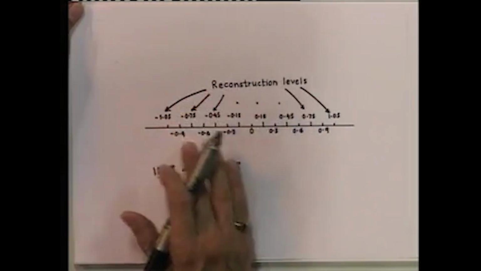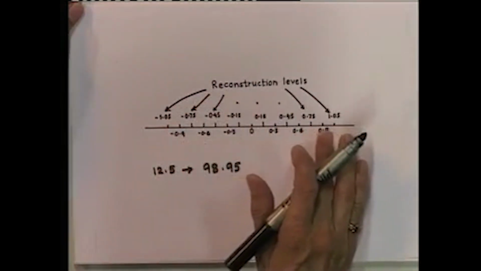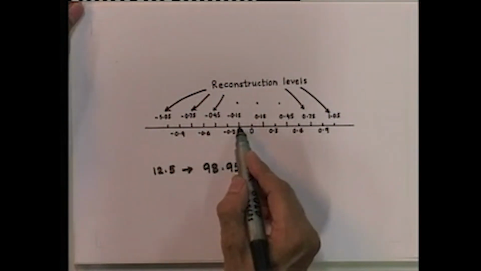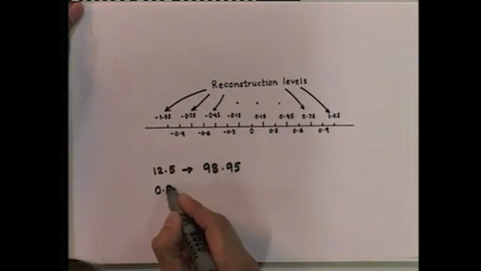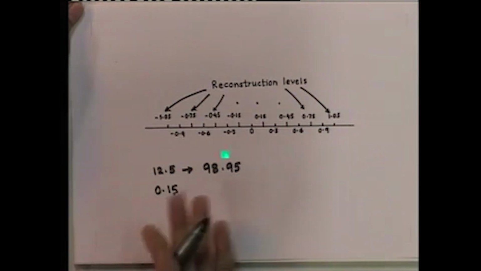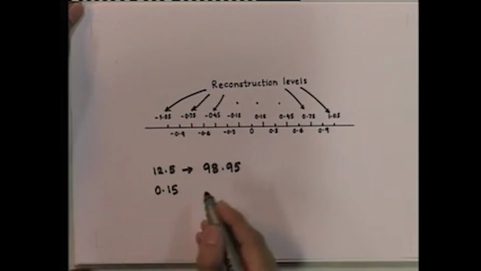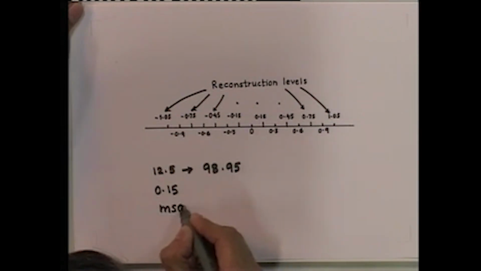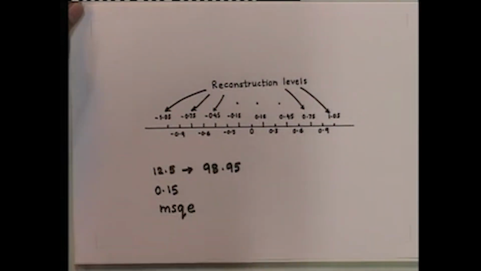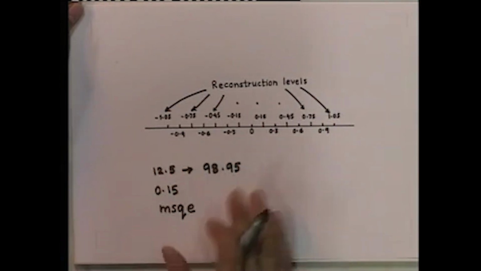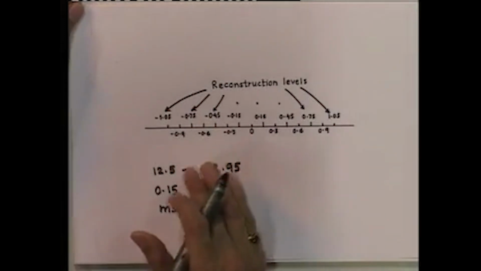However, 95% of the time the quantization error will be less than 0.15. Therefore, the average distortion or the mean squared quantization error for this quantizer would be substantially less than the earlier quantizer.